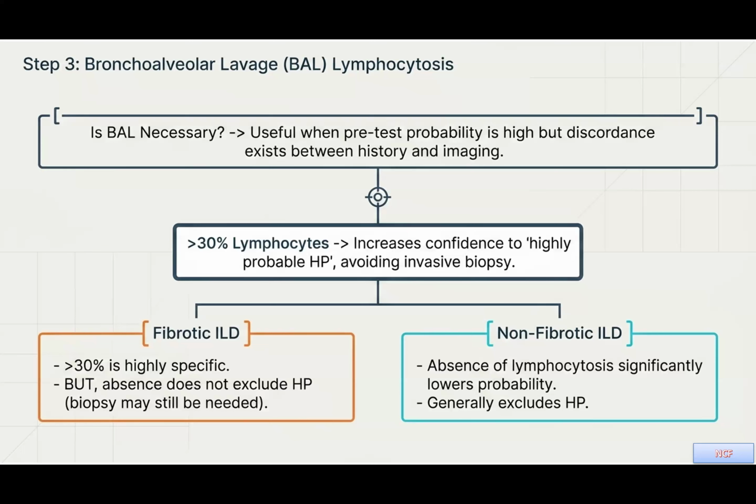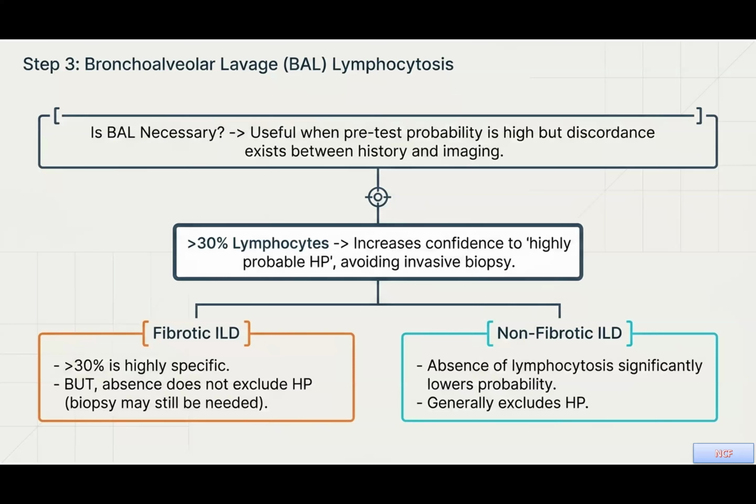While the absence of lymphocytosis lowers the probability in non-fibrotic cases, it does not exclude fibrotic HP. So if there is less than 30%, it lowers the probability of HP in non-fibrotic disease. However, it cannot exclude fibrotic ILD, HP.